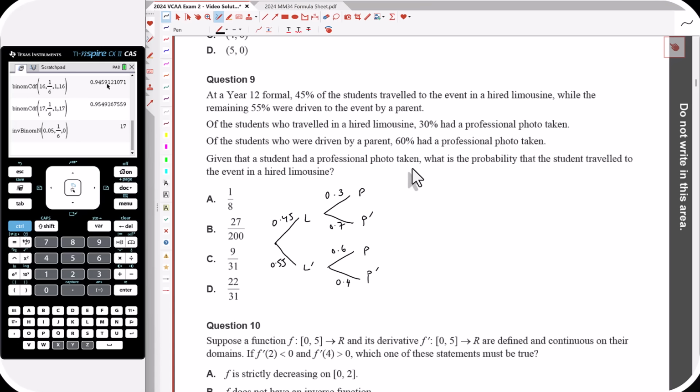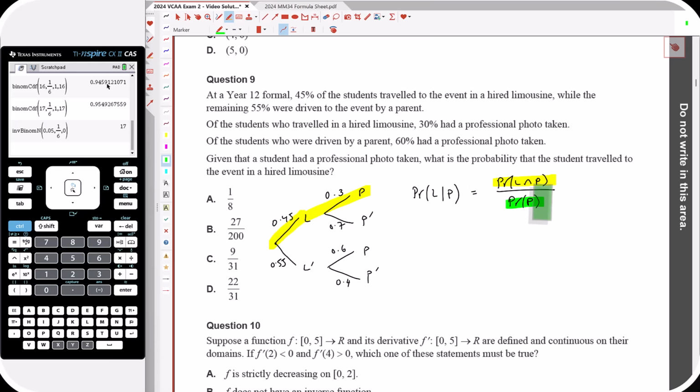We have a conditional probability. It's given that P happened. What is the probability that the student travelled to the event in a hired limousine? So we want the probability that they got a limousine given that they had a professional photo taken. So conditional probability, we need the intersection of those two things over the second of those two things. So the intersection, traveling in a limousine and having the photo taken, is that particular branch there.